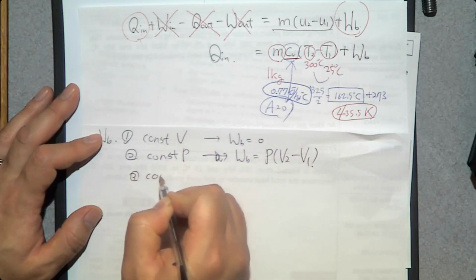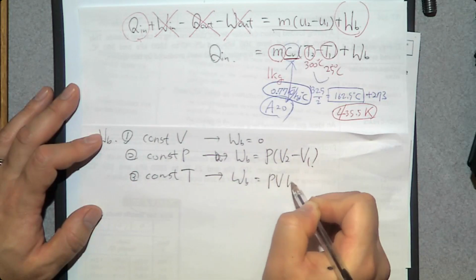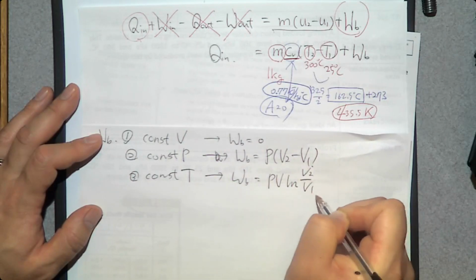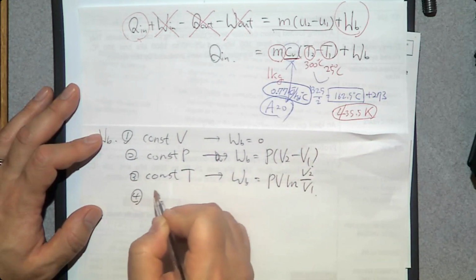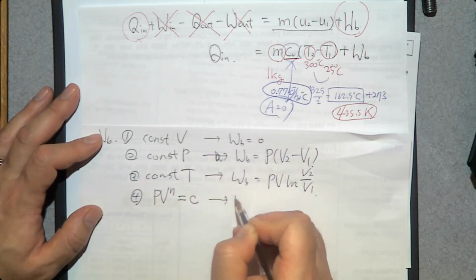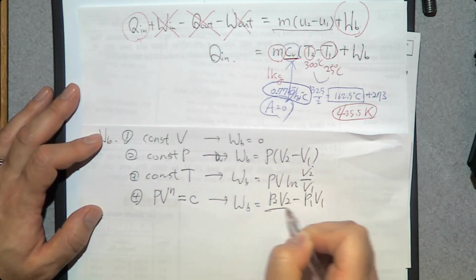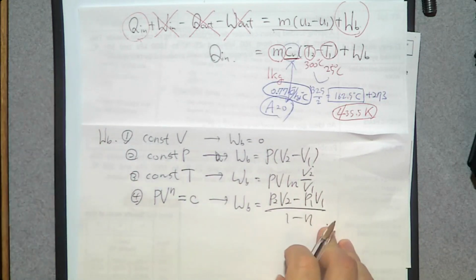When it is constant temperature, WB is going to be PV natural log V2 over V1. When none of them, it's a polytropic process, PV to the power n is constant, and WB is (P2 V2 minus P1 V1) over (1 minus n). None of the cases.